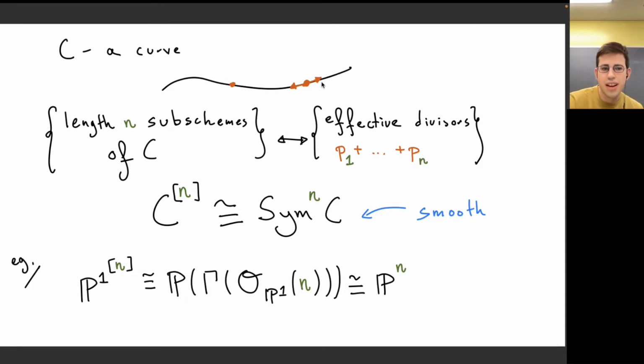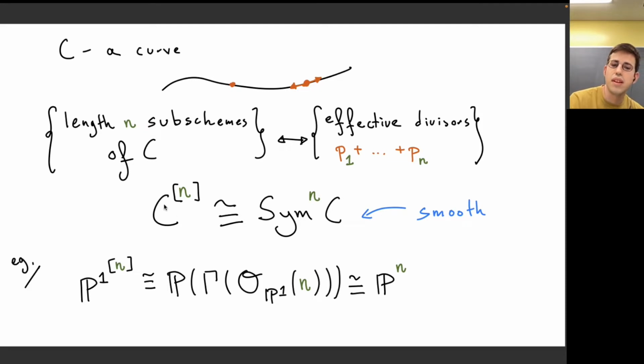In other words, length n subschemes of C are just determined by some collection of points on the curve and some choice of multiplicity at each of these points. So a length n subscheme of C is in one-to-one correspondence with effective divisors of the same length on C, the sum of n points, possibly with some multiplicity. And this extends to an isomorphism of moduli spaces.